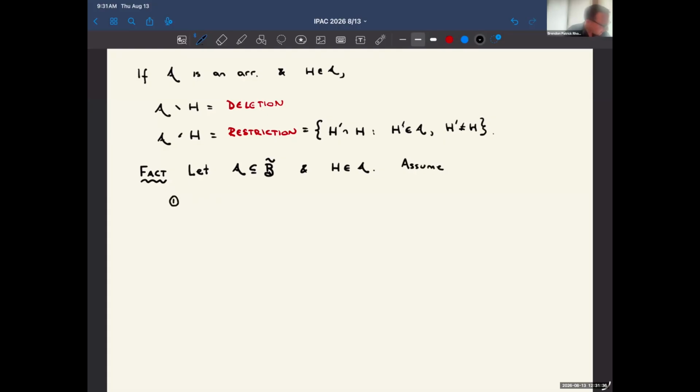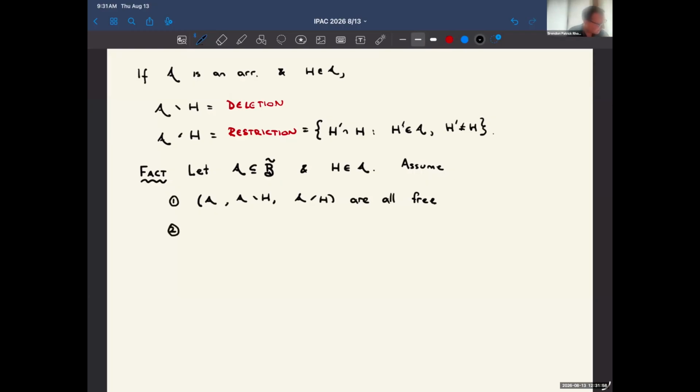The first is that A, the deletion, and the restriction are all free. Sometimes an arrangement, a deletion, and a restriction are called a triple, and we would say we have a free triple.